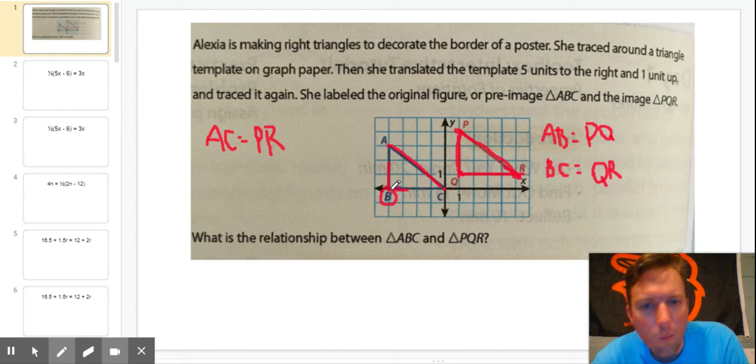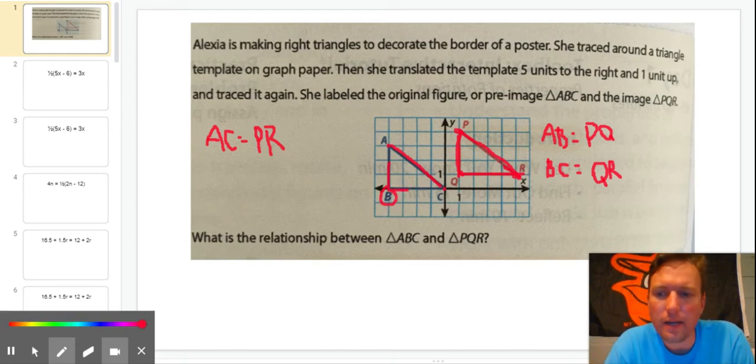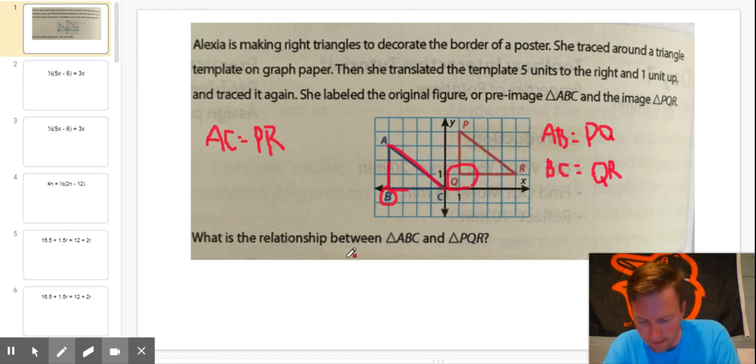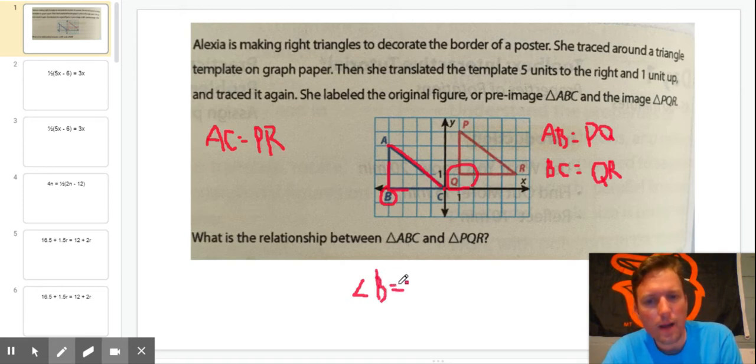Which angle in our congruent triangle would have that same angle? Yes, it would be right here, angle Q. And it looks to me like it would be a 90-degree angle. So angle B would be equal to angle Q.